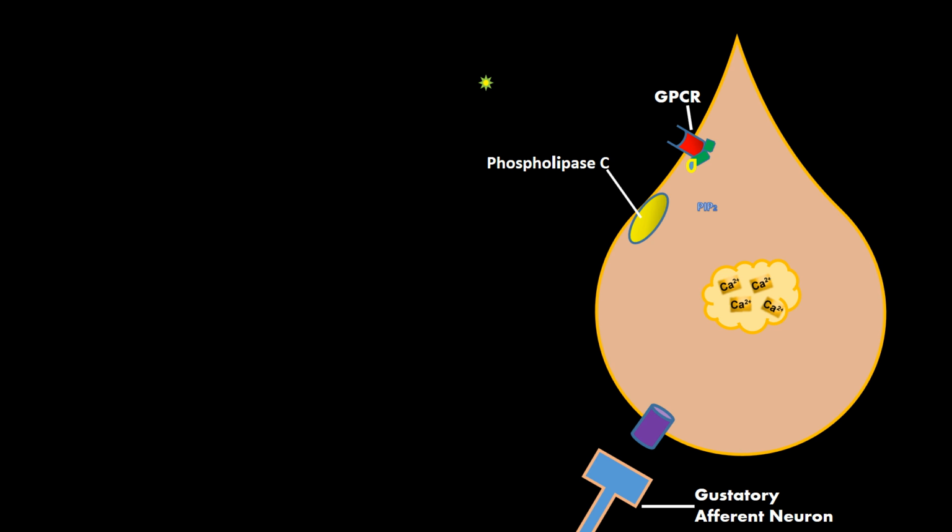First things first, when it comes to tasting bitter, sweet, or umami, you need to eat something that has those specific tastants in it. Here is our little tastant, and the tastant is going to circle around your mouth until it finds a receptor to bind to.